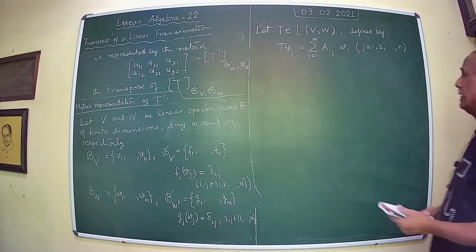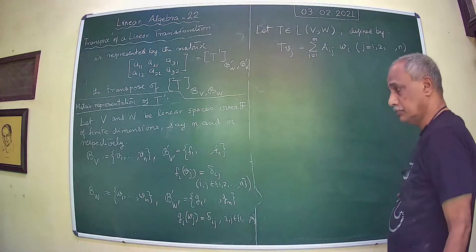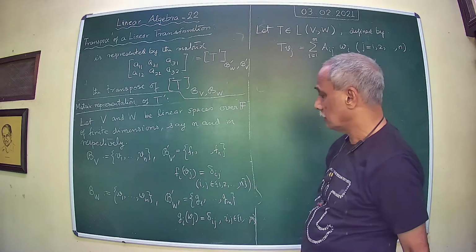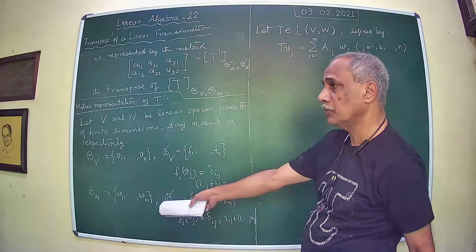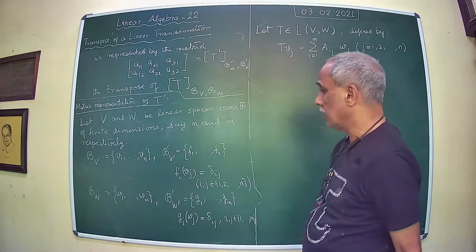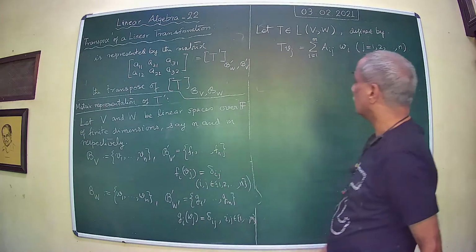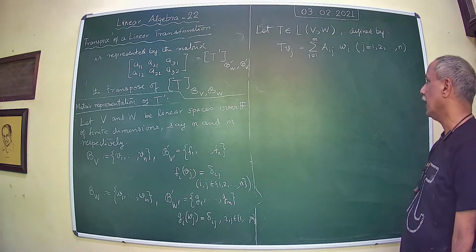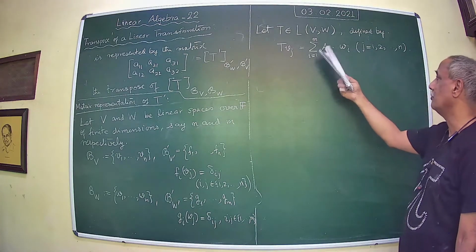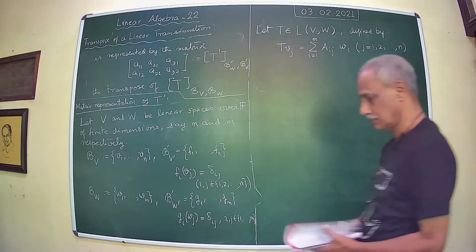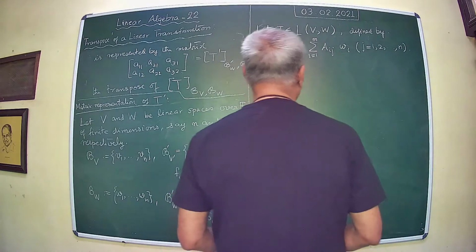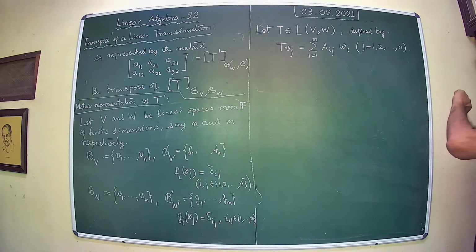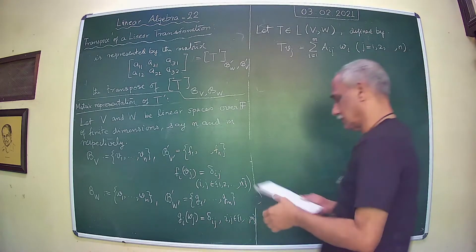Well, T(Vj) is an element of W. W has a basis given by W1, W2, etc., Wm. It's an ordered basis. And in terms of that, T(Vj) has a unique representation as a linear combination, and that uniquely fixes the aij's. Now, how many such scalars are there? In all, there are mn scalars.